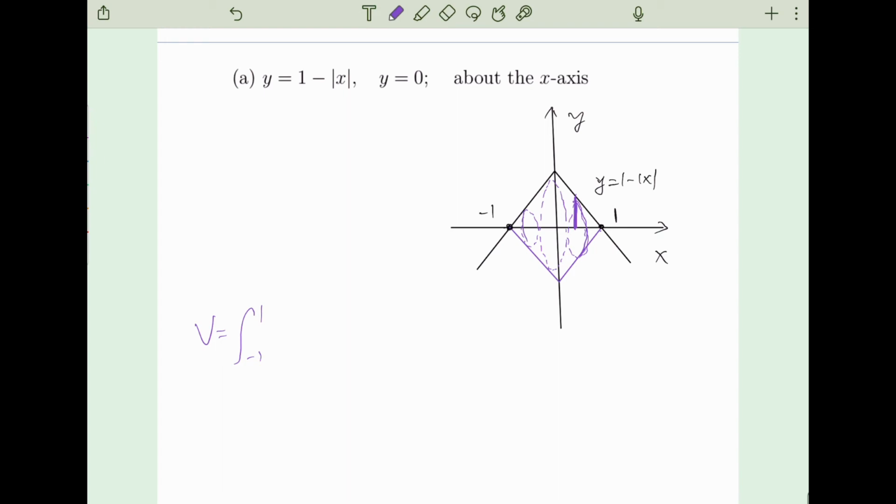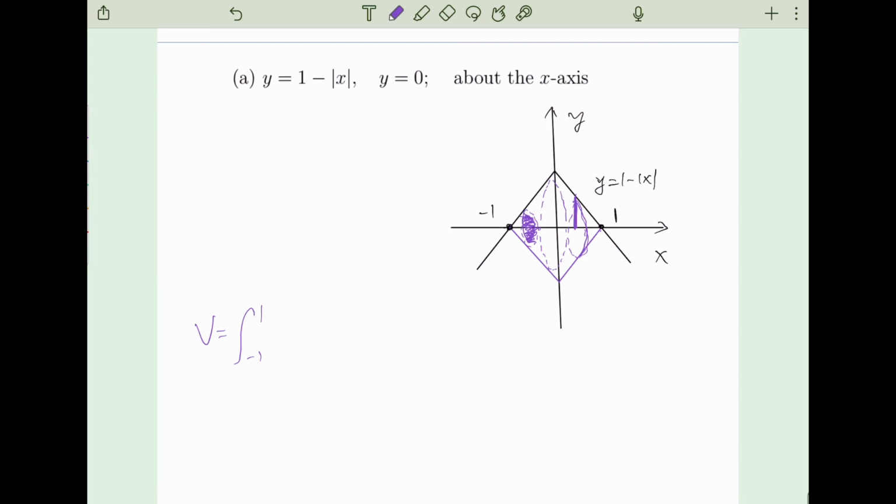And we are adding up all these infinitely many pieces of circle here. The area of the circle adding up equal to the volume.